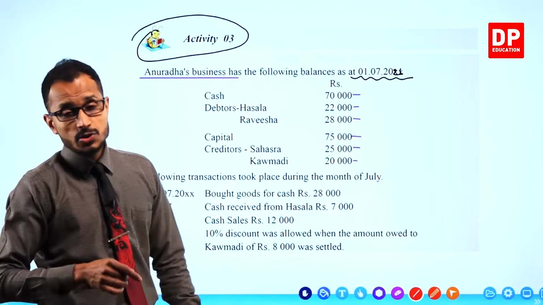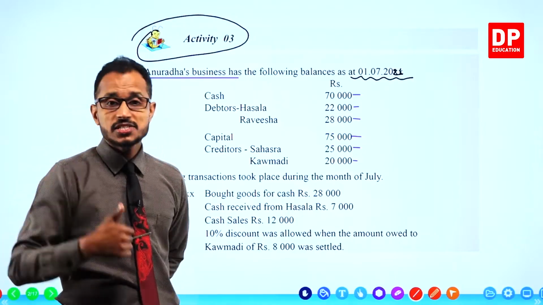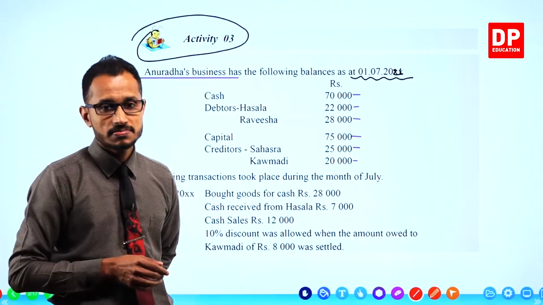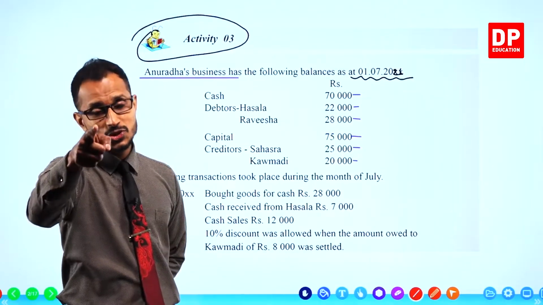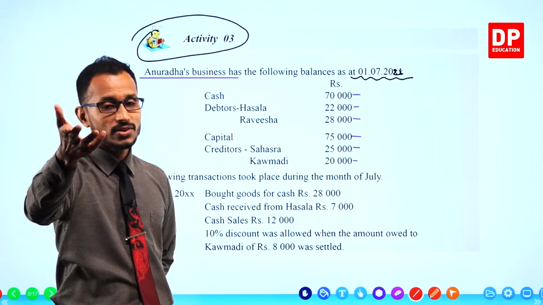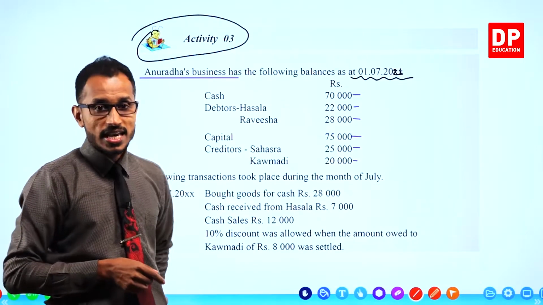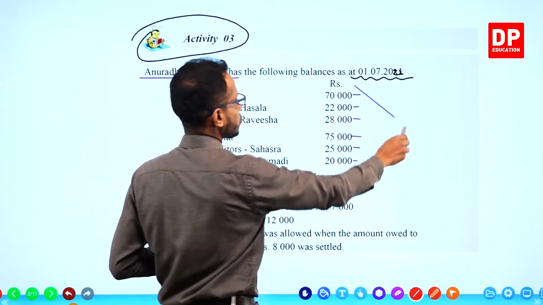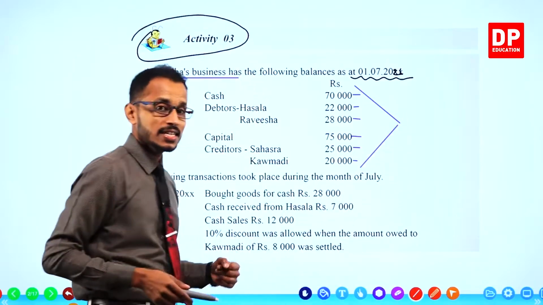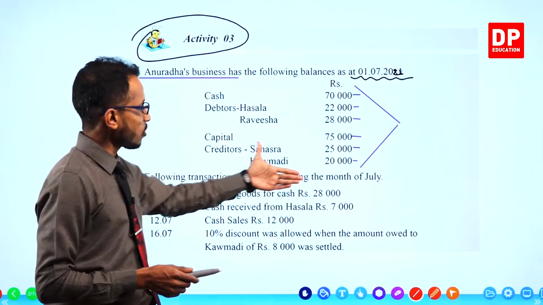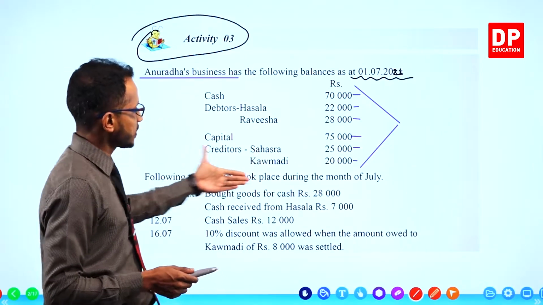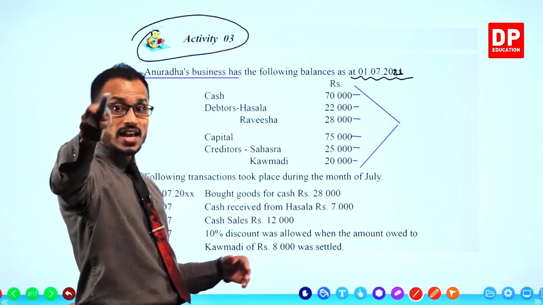I have very clearly told you, children, in several previous sessions, that if balances are given to you in this manner, saying that these are the opening balances of the business, what have I told you?